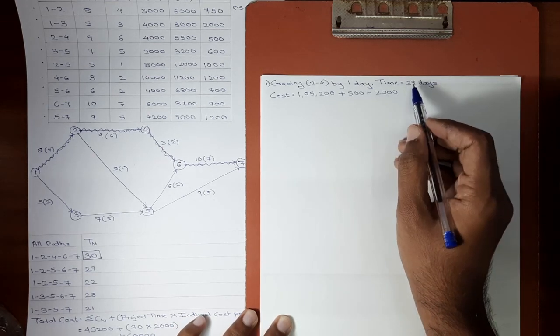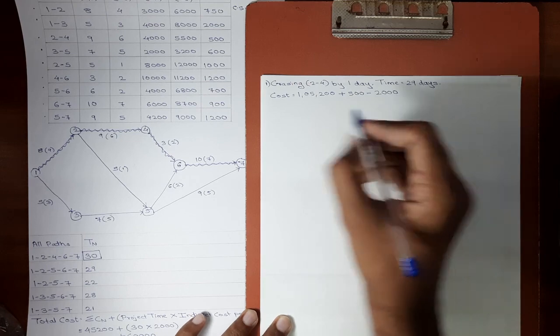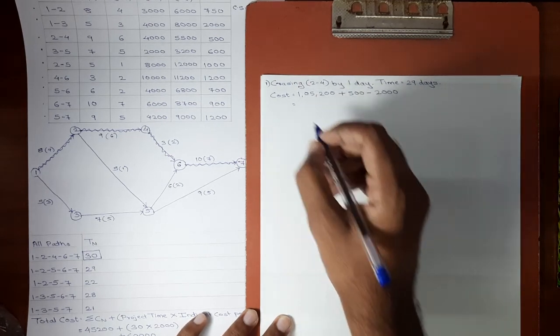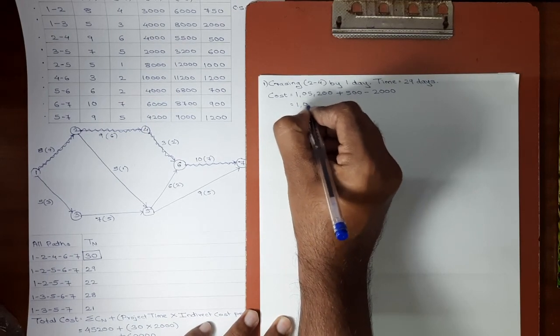The cost was reduced by 1 day, so the indirect cost of 1 day will be subtracted, which is 2,000 rupees. Now here we get the cost as 1,03,700.